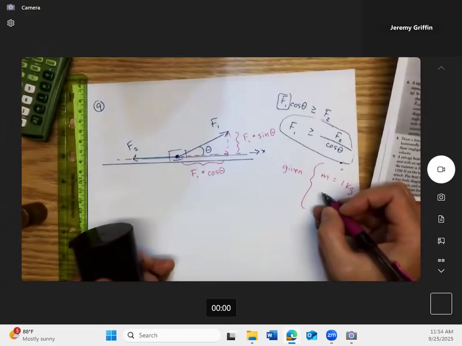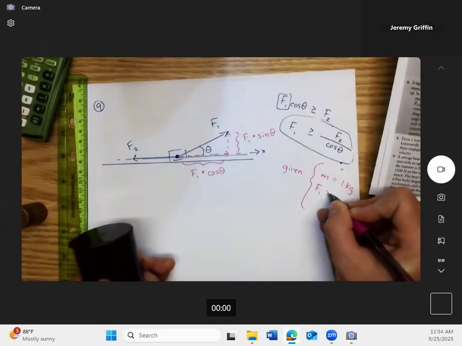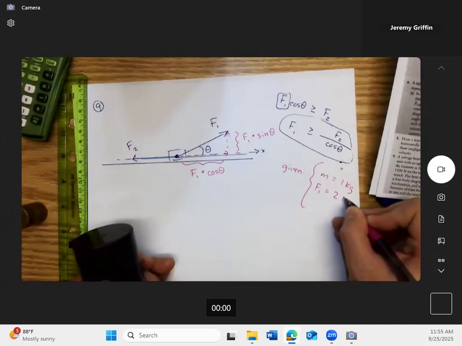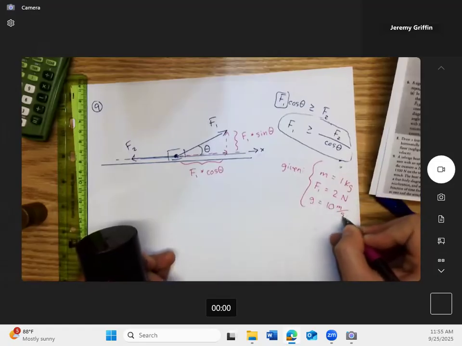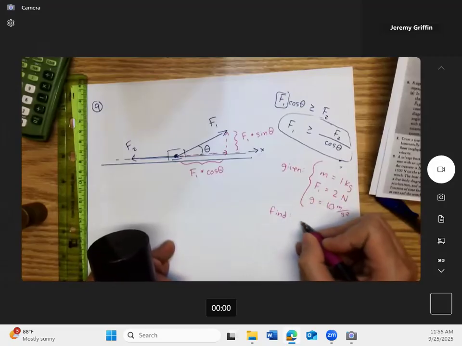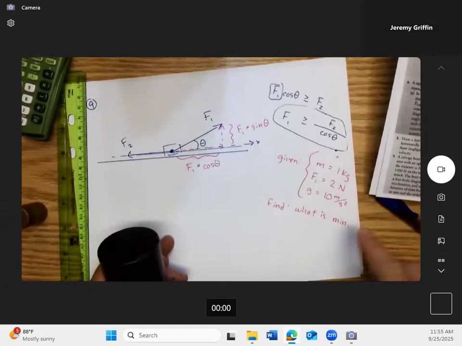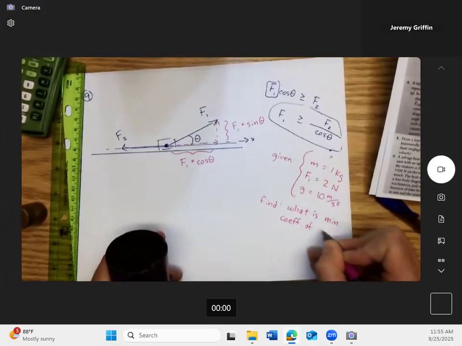Let's say I tell you, here, I'm going to give you the value of F1. Let's say F1 is 2 newtons. And I'll give you Earth gravity is 10 meters per second squared. And what I want you to find, and I'll walk through this with you guys, is the minimum coefficient of kinetic friction.